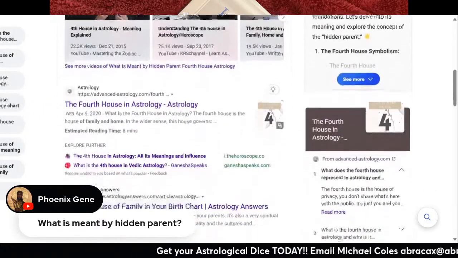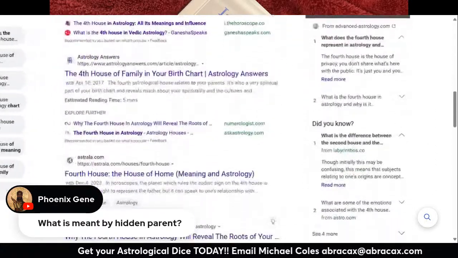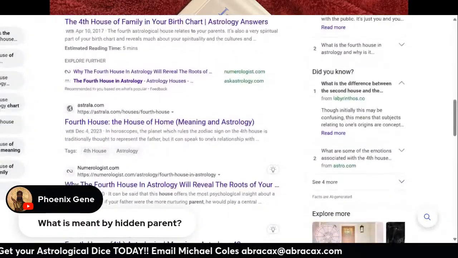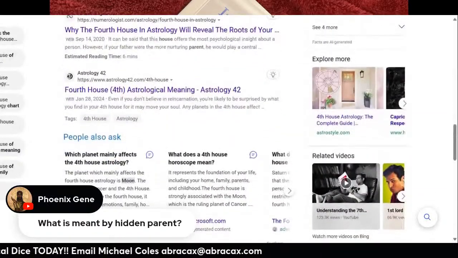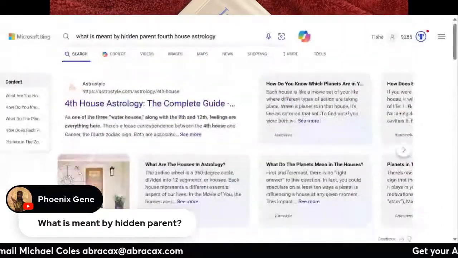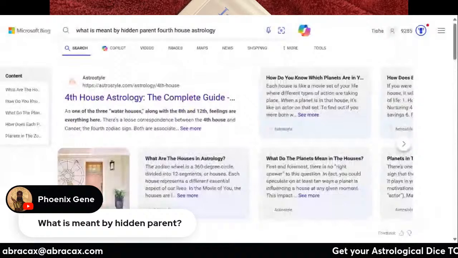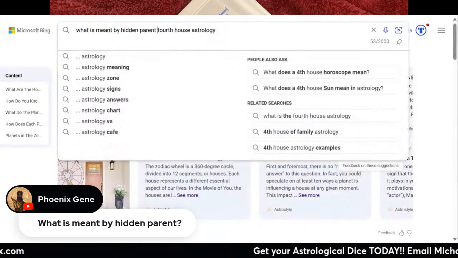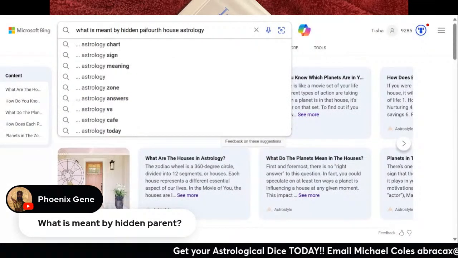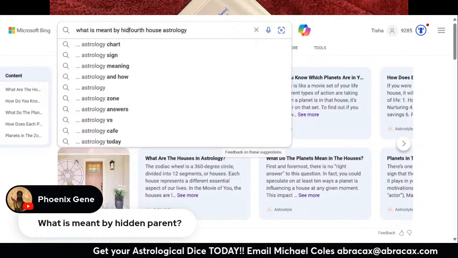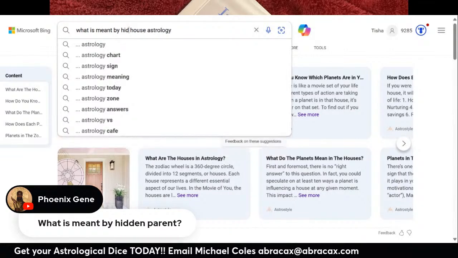All right, family and home, hidden parent. I would suggest maybe the parent who's not in the home or hidden, or the parent who don't be in the house on purpose.